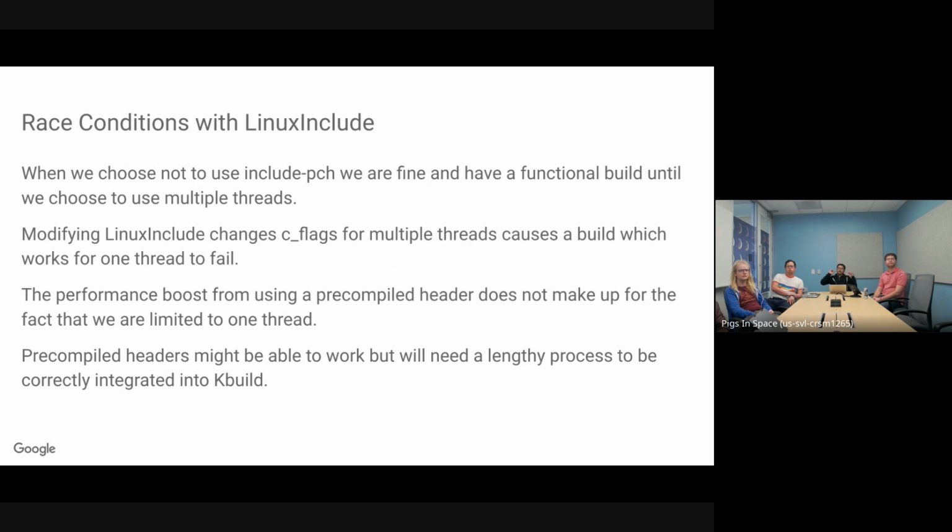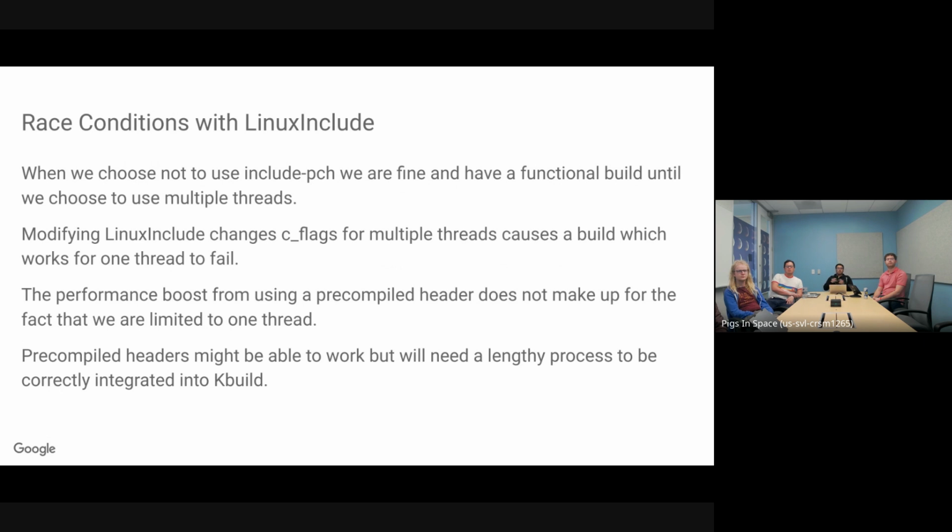If we use the include PCH, what happens is you're going to have race conditions where one file does not want to include the PCH and another file does. And since we put these in the Linux include, which is a flag in Kbuild, this changes CFLAGS, and this results in a build which works with one thread breaking for multiple threads.